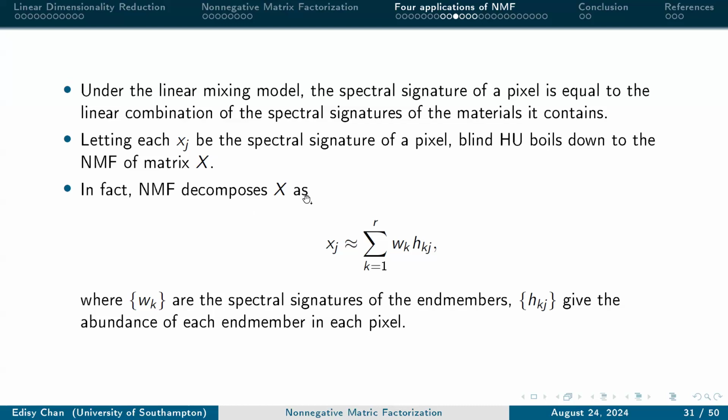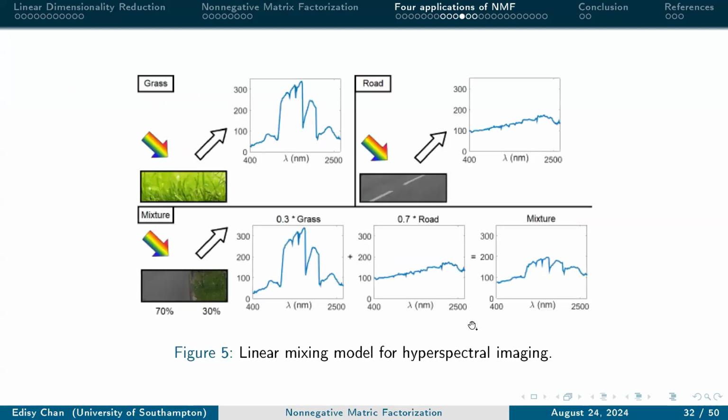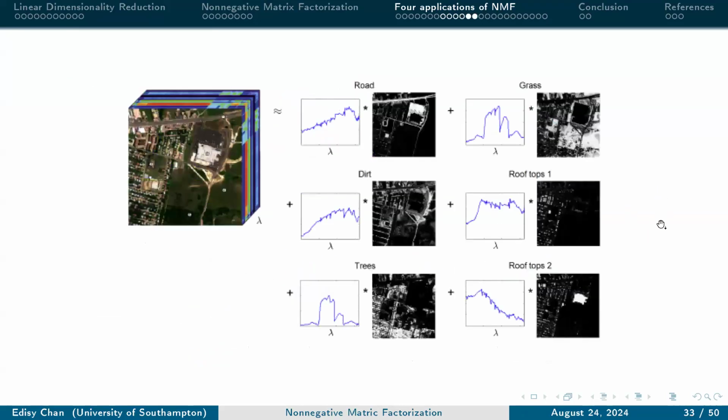If we decompose X in this way using NMF, taking this approximation, then we notice that those wk are the columns of the matrix containing the spectral signatures of the endmembers, and the matrix H gives us the abundance of each endmember in each pixel.